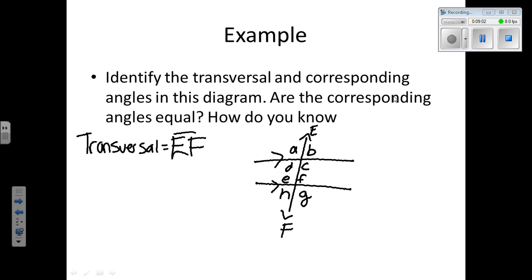So my transversal line is E to F. It's intersecting two other lines.